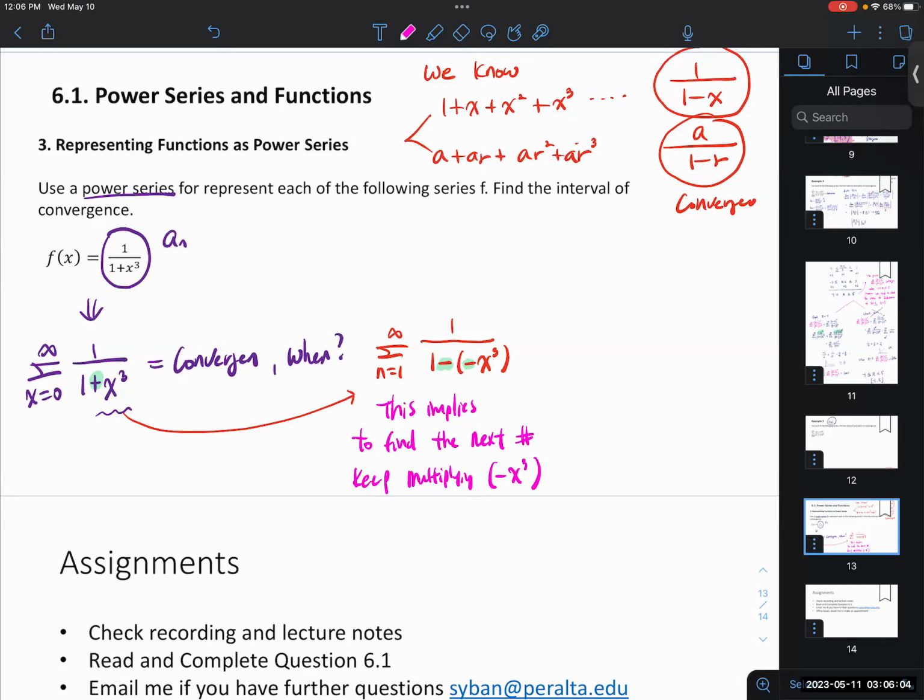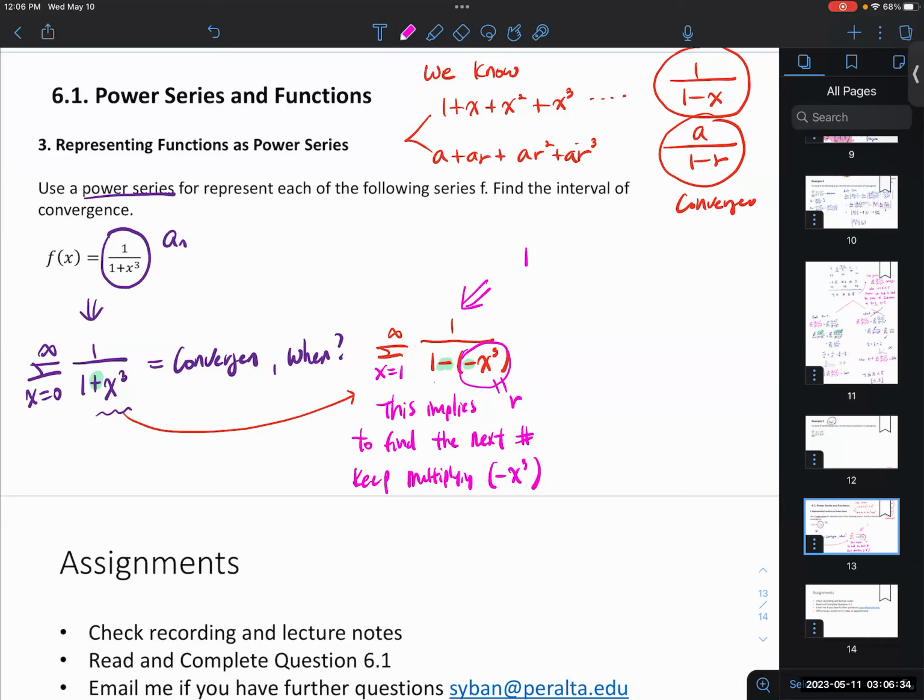That's exactly the form. This is 1 minus the common ratio r. Are you okay with that? So that's the r. You keep multiplying by negative x to the third to find the next one. You're going to find the next one, 1 minus negative x to the third. I don't want to confuse you, we are using the x variable. So that's what's going on.